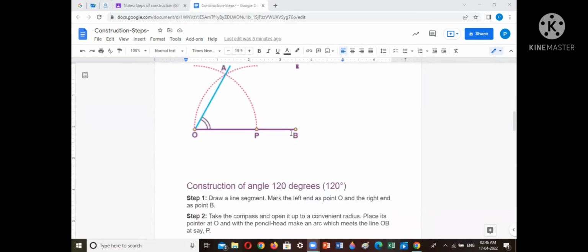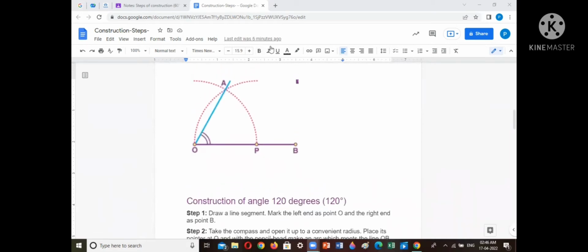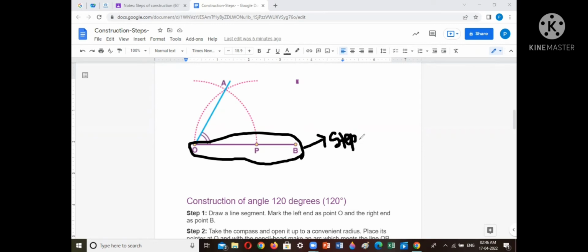Now the diagram is here. Let me shortly explain that. This one is our step 1.